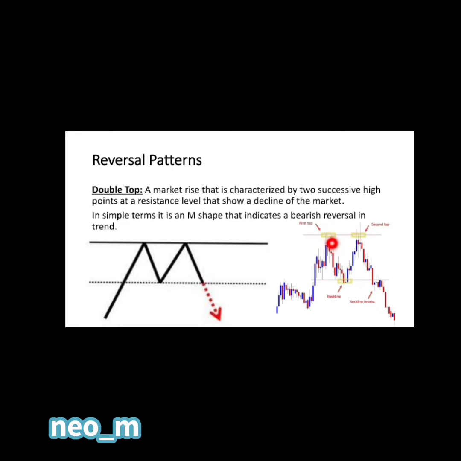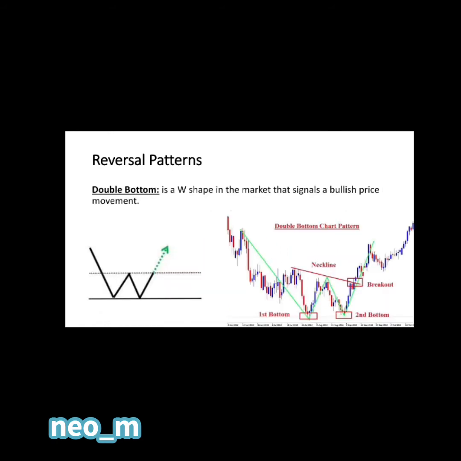That's when your double top is actually confirmed. Because on the left we have a first top, then on the right we have a second top, right? So in other words, we need to have two peak formations in order for our double top to be confirmed.